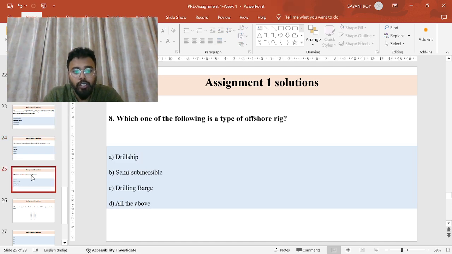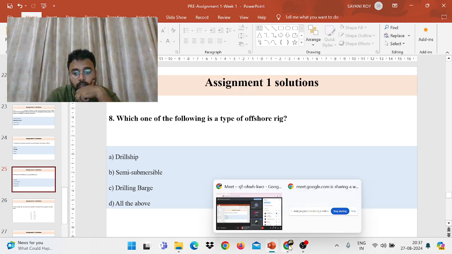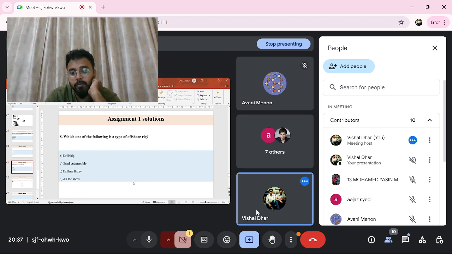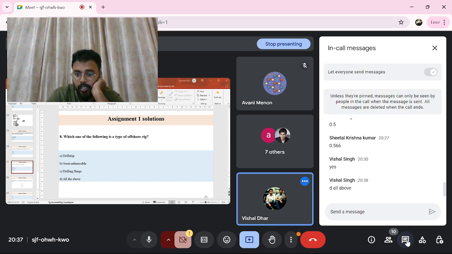Next is, which of the following is a type of offshore rig? Option A is drill ship, option B is semi-submersible, option C is drilling barge, option D is all the above. Anyone else? Vishal had said all the above.